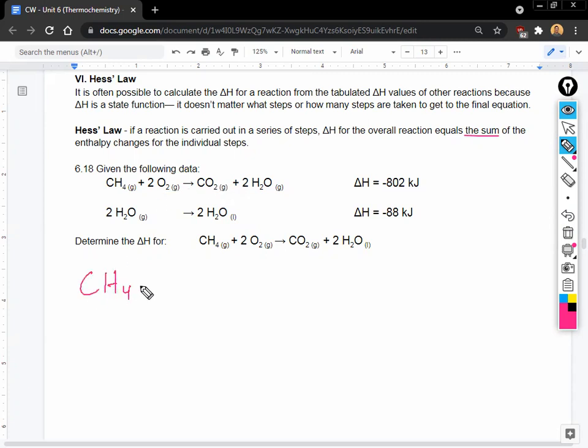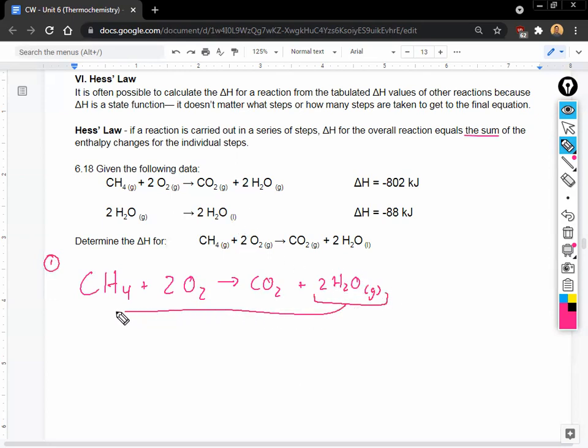If we have this original reaction, CH4 plus 2O2 produces CO2 plus 2H2O, I'm just going to specify that H2O is a gas, and I'm going to leave it like that. Now, this is the first equation. What we need to do now is take this 2H2O, so I'm basically gonna transplant it right here.